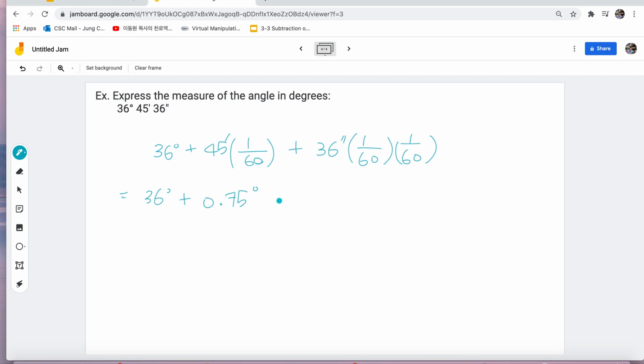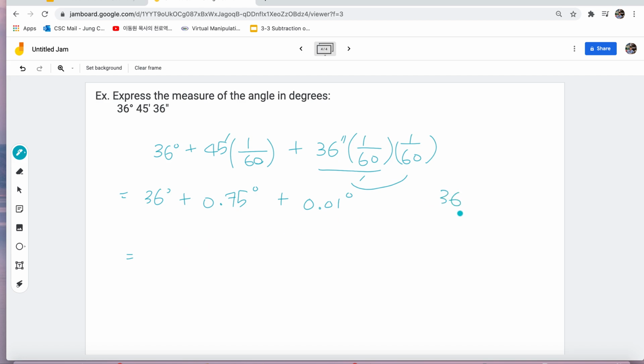That's also degrees. If you calculate only this part, you're going to get minutes. But after that, if you divide that by 60 again, you're going to get degrees. So you have 0.01 degree. Then you can just add them all together.